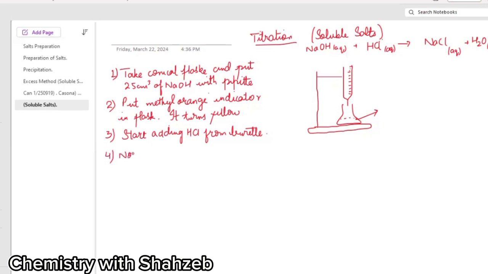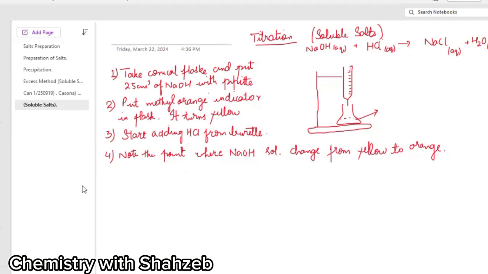Note the point carefully where the NaOH solution changes from yellow to orange.